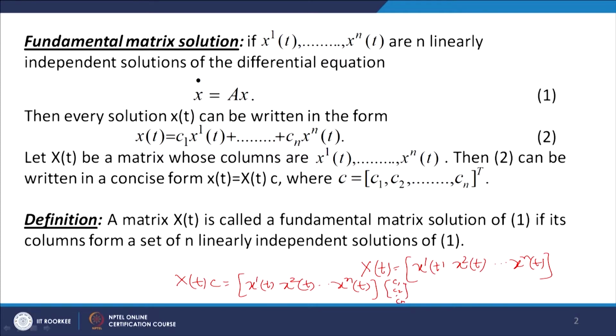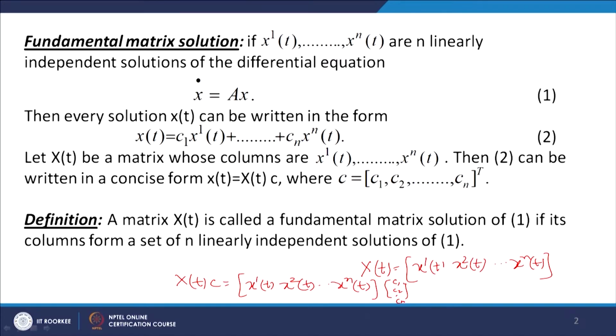Now, these x1(t), x2(t), xn(t) are themselves column vectors. X(t) is an n by n matrix whose first column is x1(t), second column is x2(t) and the last column is xn(t). So, when you multiply this n by n matrix by c1, c2, cn, what you get is x(t) equal to X(t) into c.